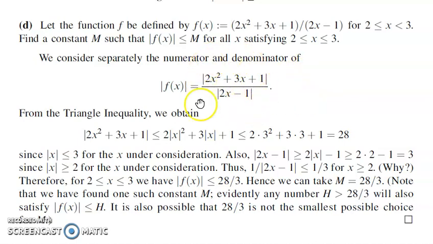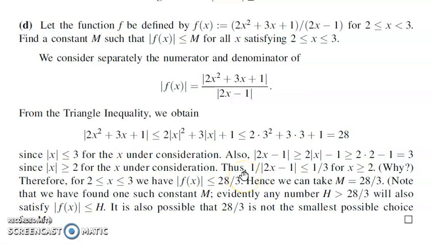So combining these two, we get modulus of 2x square plus 3x plus 1 divided by modulus of 2x minus 1 is less than 28 into 1 by 3, that is 28 by 3. So we found a constant m which is 28 by 3 such that modulus of f of x is less than or equal to that number.